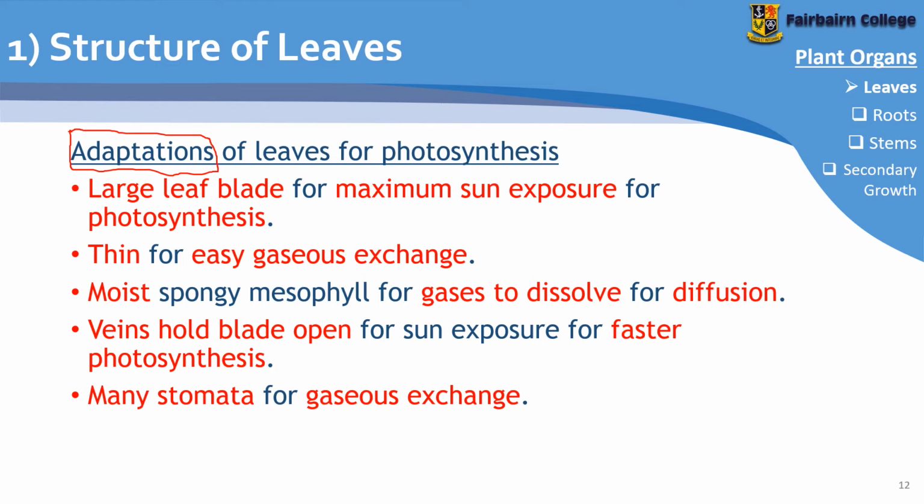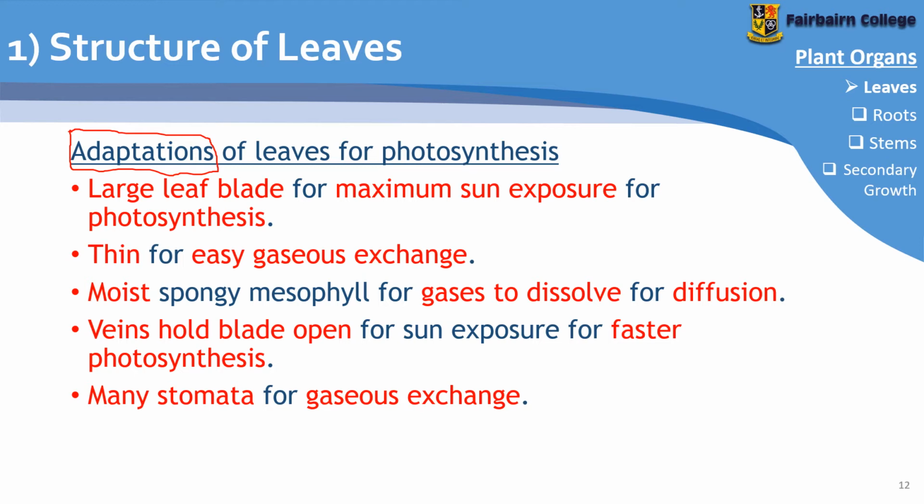But the exception to that is the leaves. The leaves try to have as big a surface area as possible so that they can absorb the most sun possible. That's not always the case. There are exceptions, and we'll talk about some of those exceptions later on. But for the main part, mostly plants want to have as big leaves as possible.